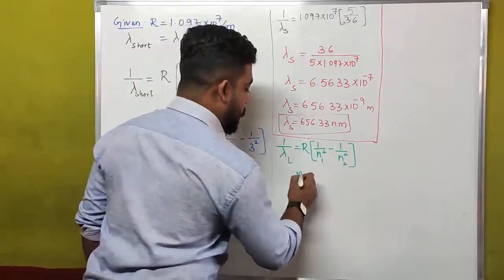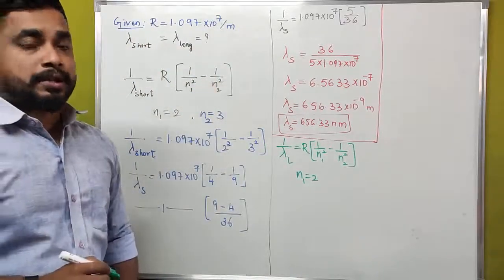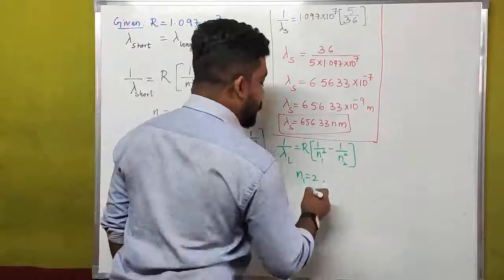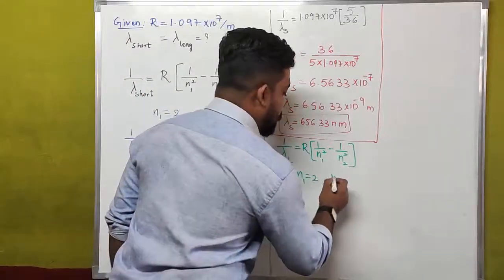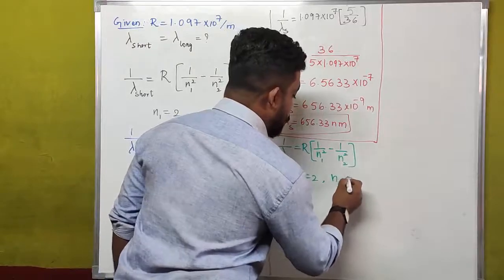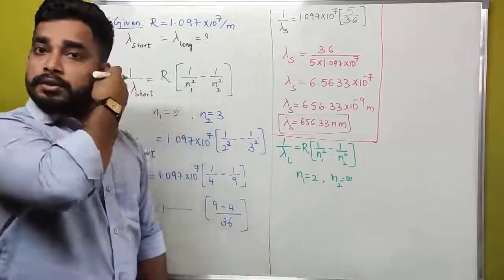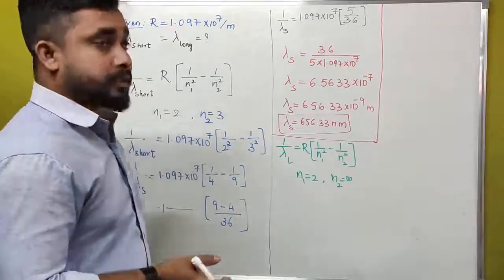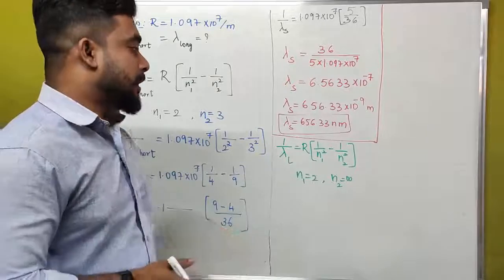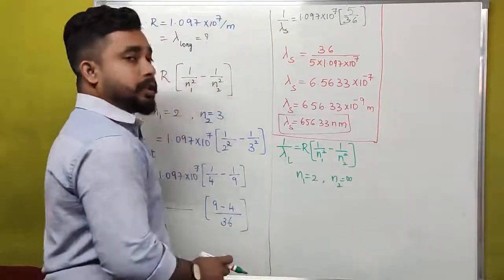N1 should be constant for all cases of the Balmer series, and the maximum N2 of the Balmer series is infinity, because the electron transition takes place from infinity to the second orbit. That is the maximum limit of the Balmer series. That is why we have written N2 is equal to infinity.